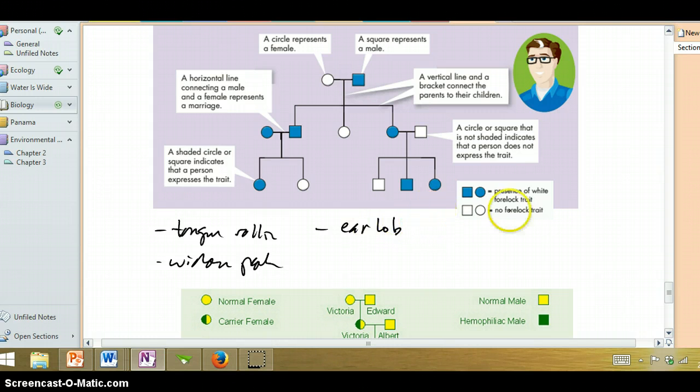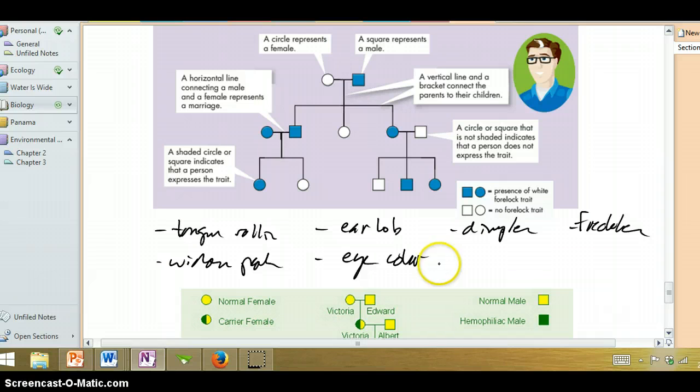Let's see, you can look at eye color. You can look at dimples, whether or not you have dimples. You can look at freckles. These are all good ones. If you decide to do eye color, when you sample the people in your family, you need to break it down into 3 groups.